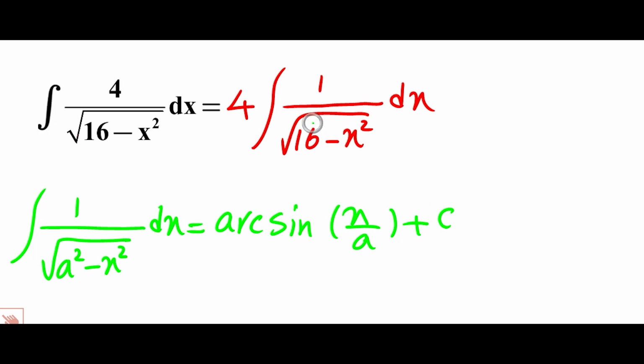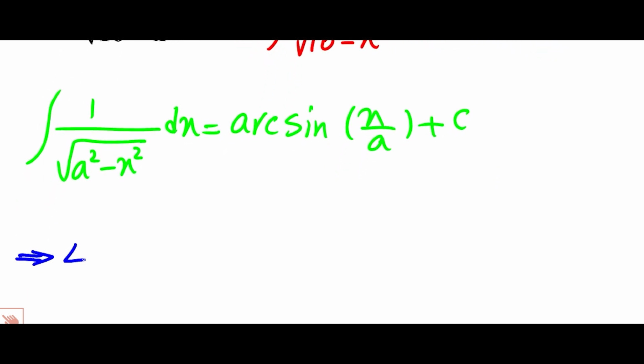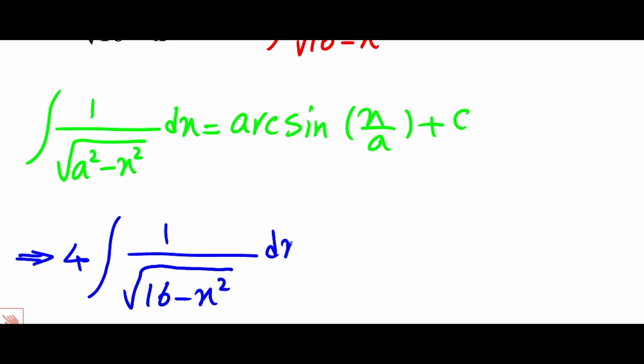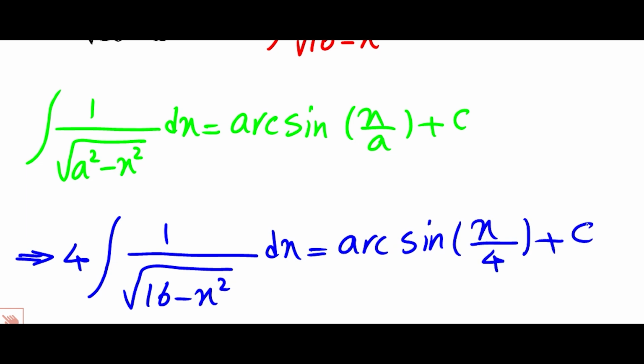So in this problem, 16 is a squared, right? So a equals 4. So we have 4 times the integral of 1 over the square root of 16 minus x squared dx, according to this formula, equals arcsin of x over 4 plus c, and of course times 4 equals 4 arcsin of x over 4 plus c.